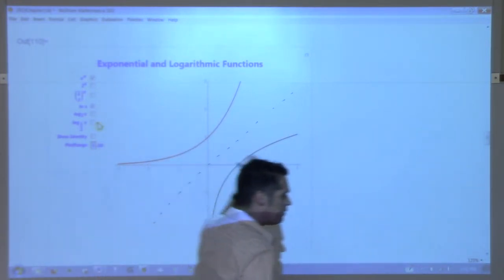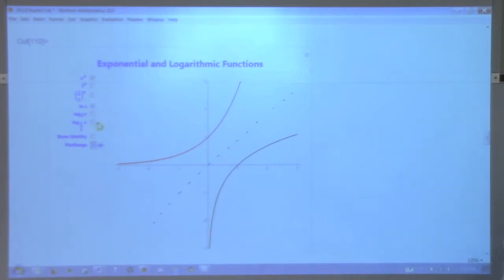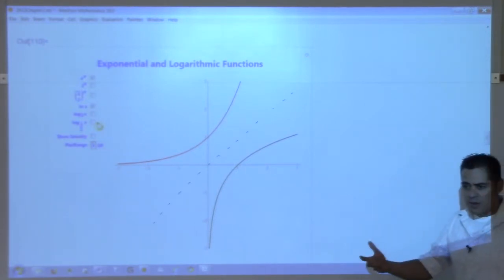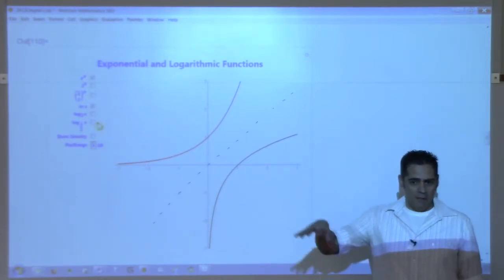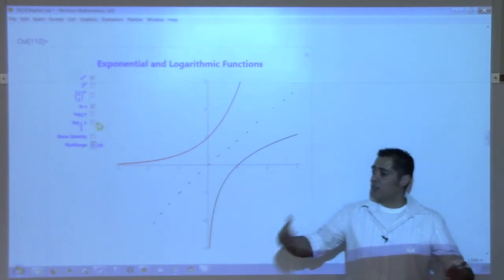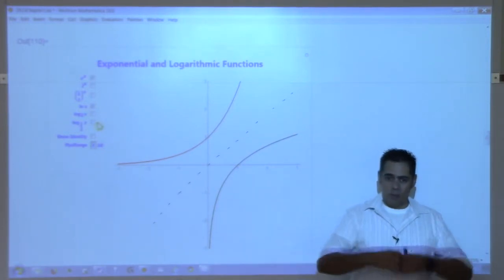Whenever you have a reflection like that over the identity, those two functions are what of one another? Inverses. If you said that, good. Inverse functions. An inverse function undoes a function, right? If you have a function like x squared, it takes something and squares it.